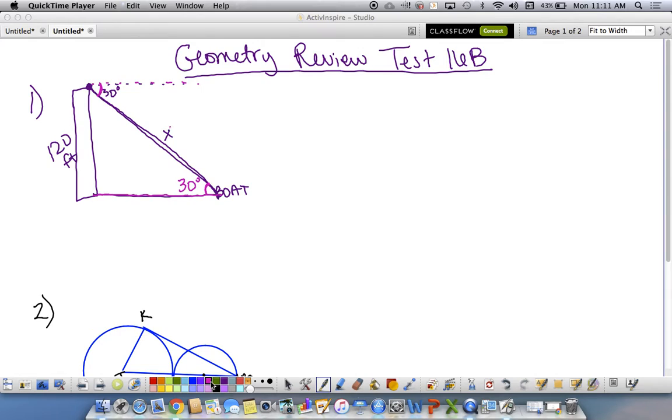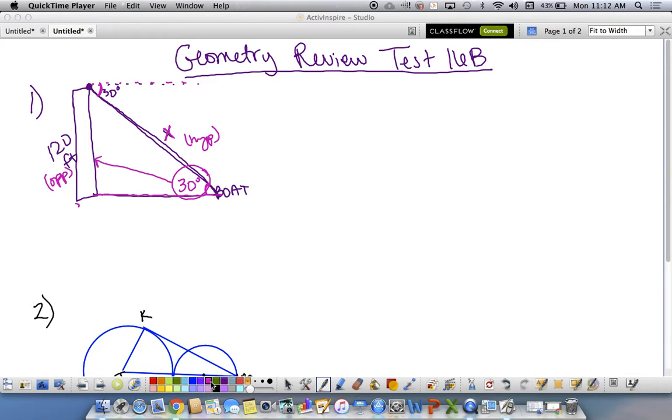Now, if I'm trying to find this x, what do we have related to this 30 degrees inside my triangle? The opposite is 120. The hypotenuse is what we're looking for, right? So we're thinking of trig functions that relate the opposite to the hypotenuse.